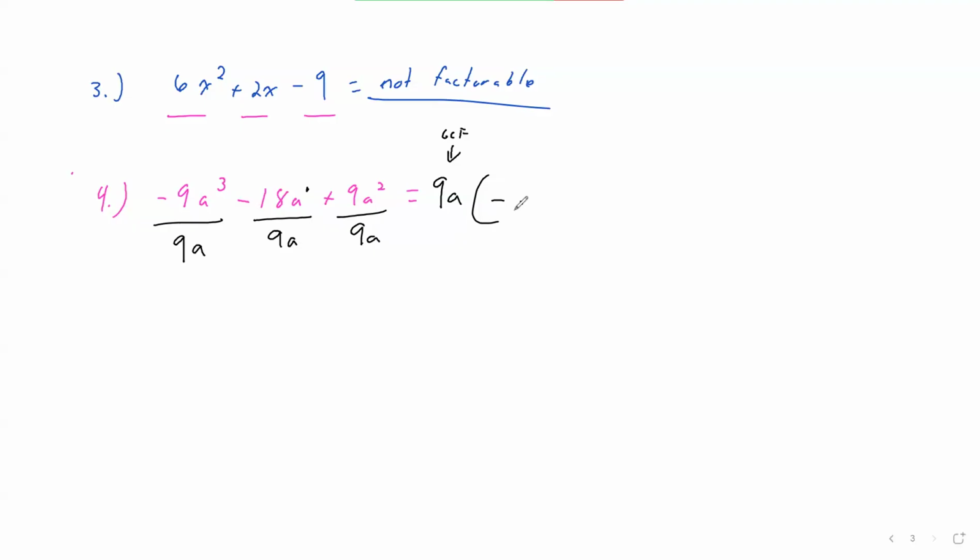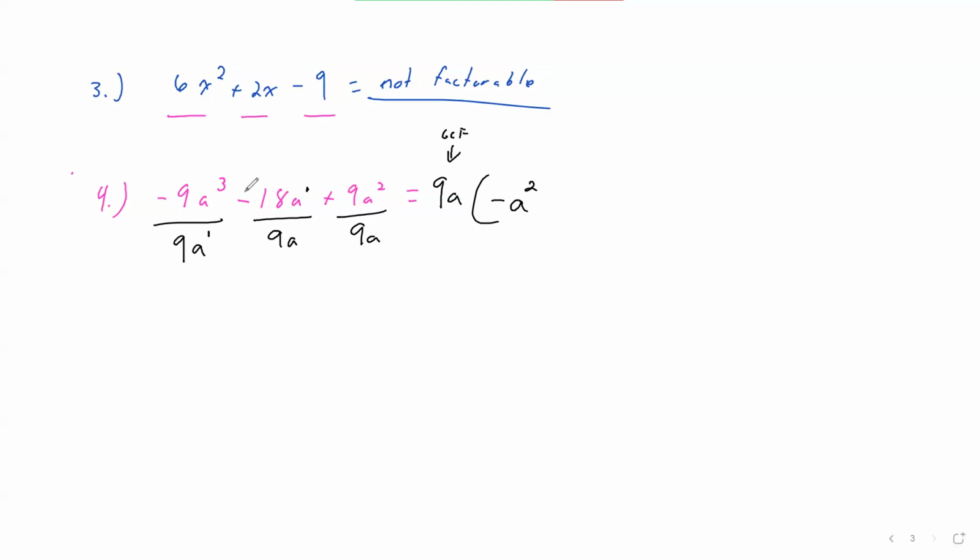Okay, negative a squared. Very good. When I'm dividing exponents, I subtract the exponents. So 3 minus 1 gives me 2.